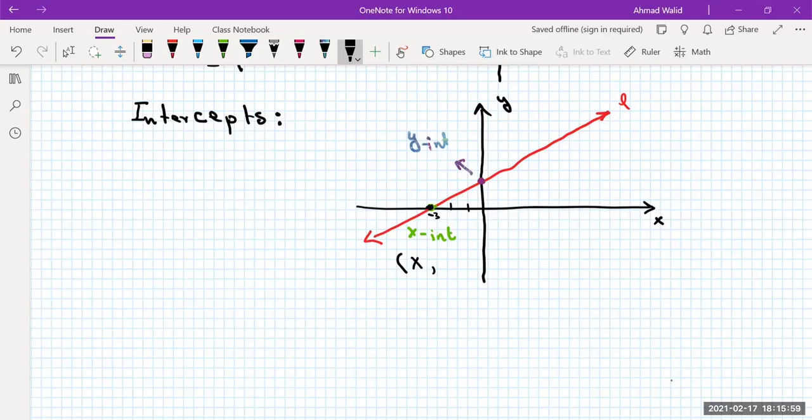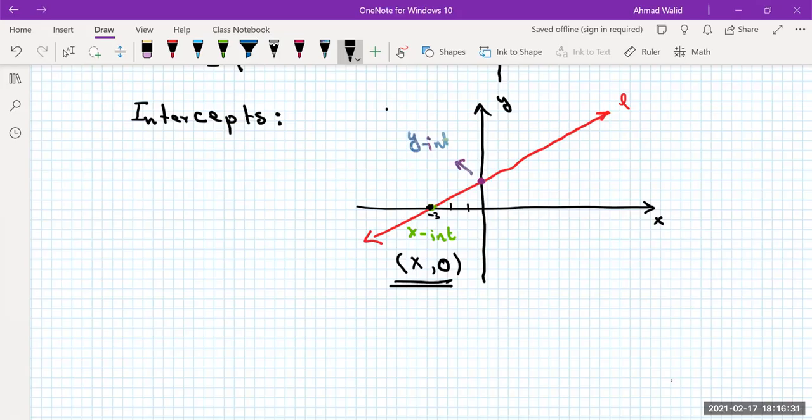The point is on the x-axis, so the value of your y coordinate is always 0. Remember this. Whenever you are looking for the coordinates of your x-intercept, you have a value for x and the value of the y coordinate is always 0.